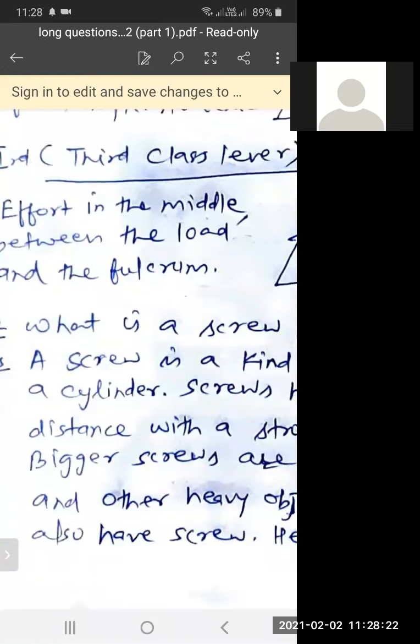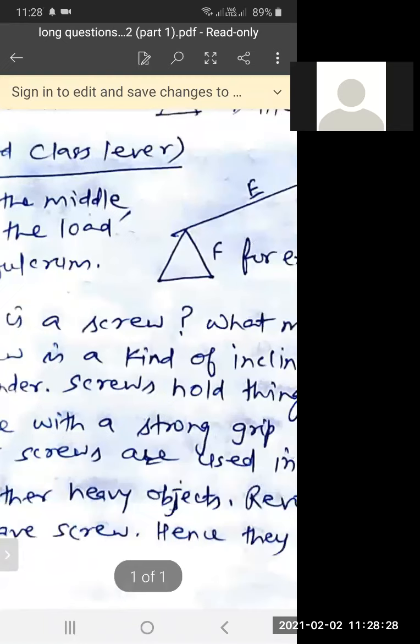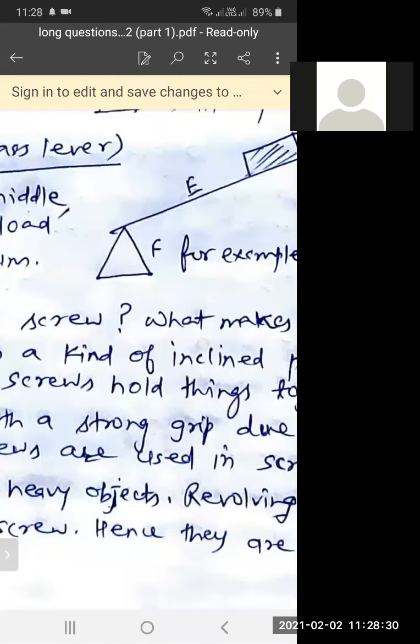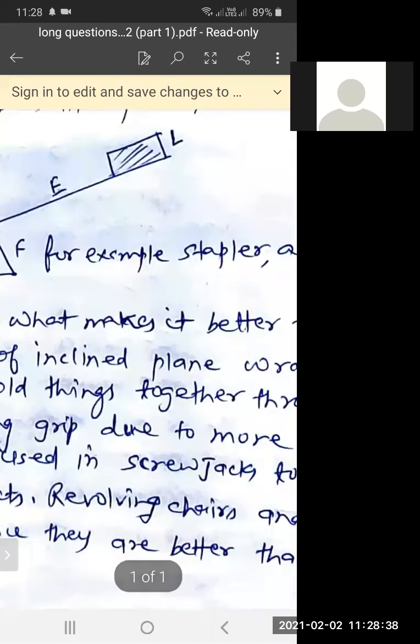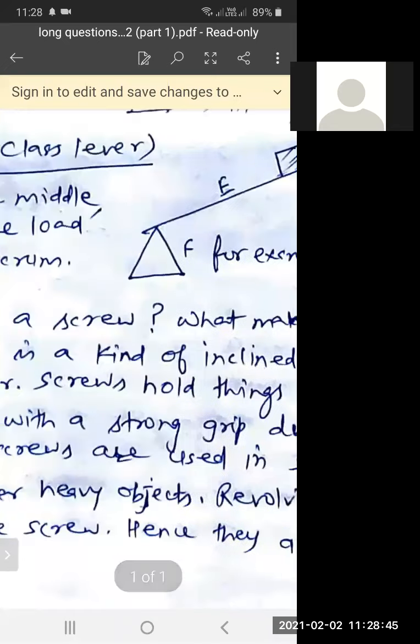Screws hold things. Please write down, screws hold things.